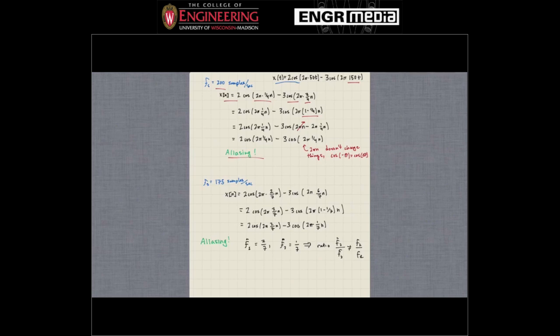So we're plugging in the continuous time waveform just to get the expression for the discrete time waveform at a sampling rate of 175 samples per second. There are 2 terms. The first term we're going to leave alone again. The second term, we're going to split up again, writing 6/7 as 1 minus 1/7. And then, of course, let's play the same trick.